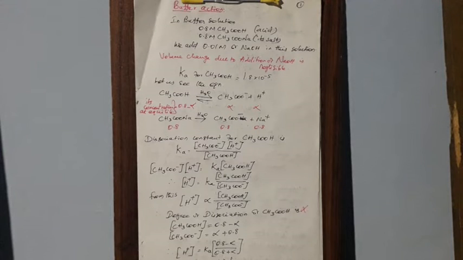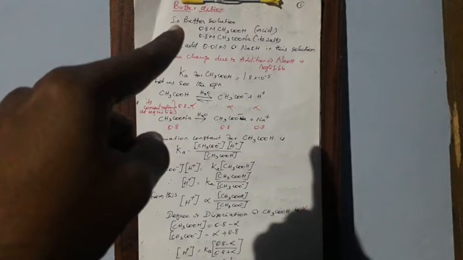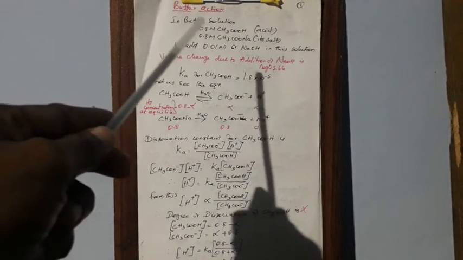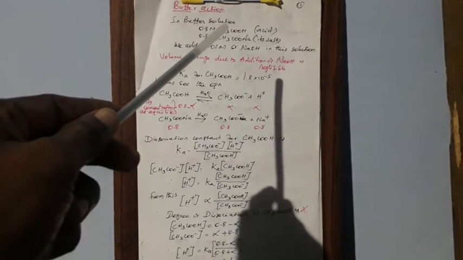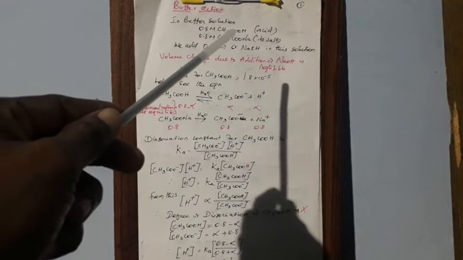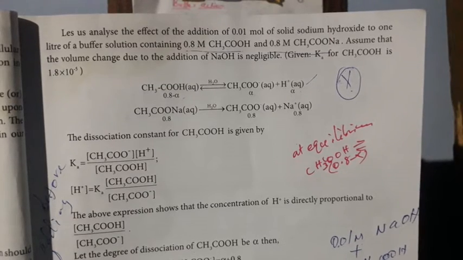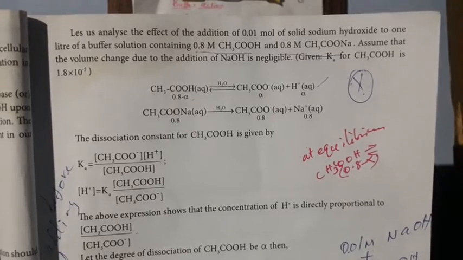Problem number 1, problem number 2. In problem 1, I write the values of the acid and salt in the buffer solution: 0.8 mole acetic acid, 0.8 mole CH3COONa. Now see the problem.